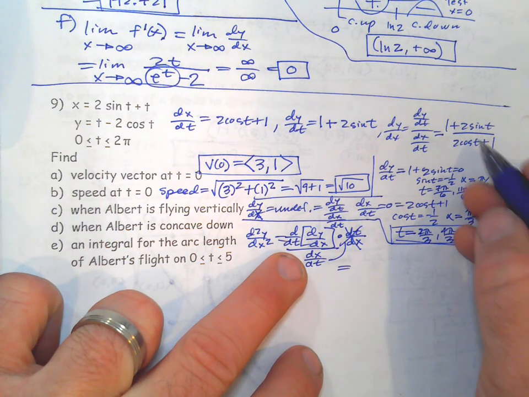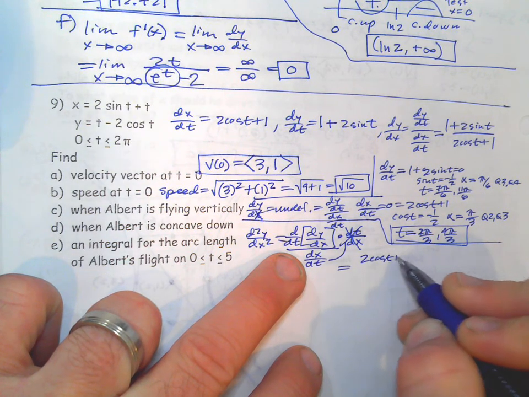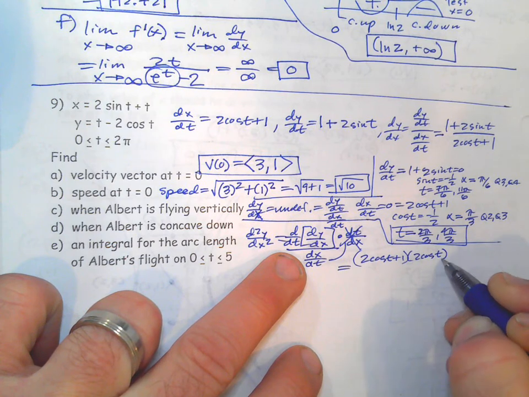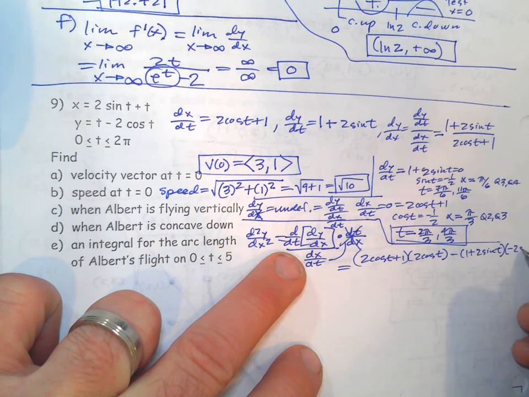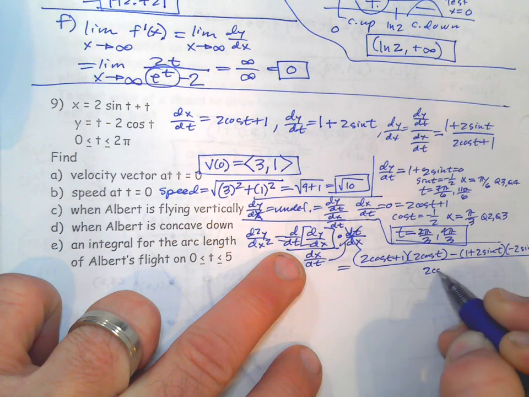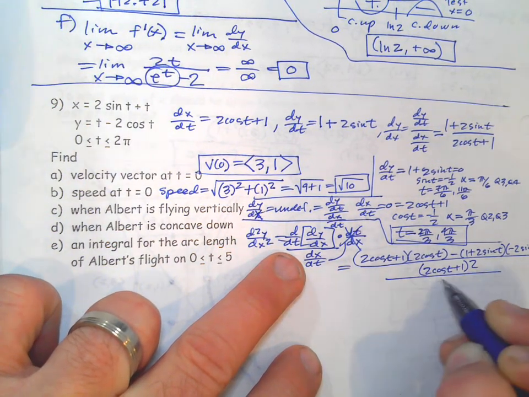The derivative dy/dx in terms of t, we got to do quotient of low d high minus high d low all over low squared.